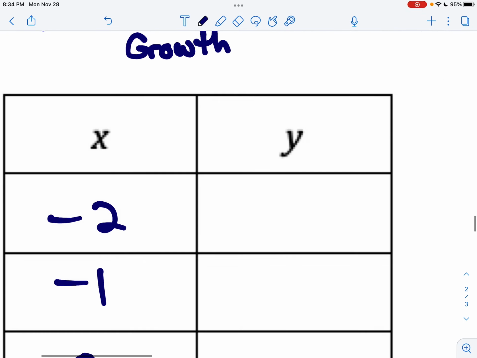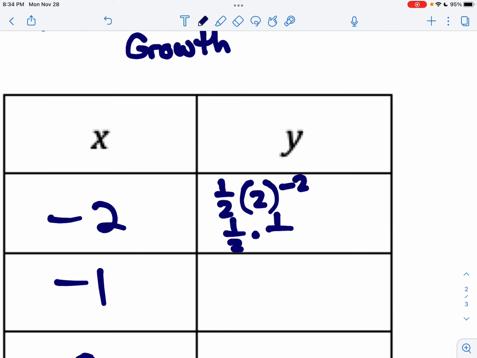And if we multiply using -2, this is going to change to 1/2 times 1 over 4, which is 2 squared, which is 4.